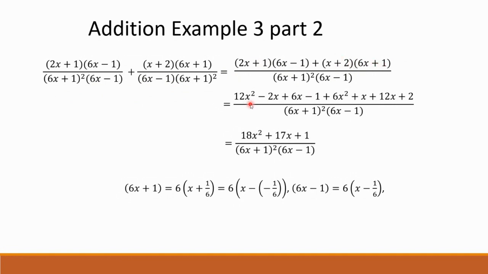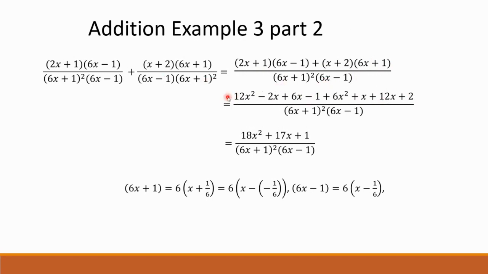FOIL, we get this: 12x squared minus 2x plus 6x minus 1, 6x squared plus x plus 12x plus 2. From here, right, again, we're not doing anything to the denominator, right?